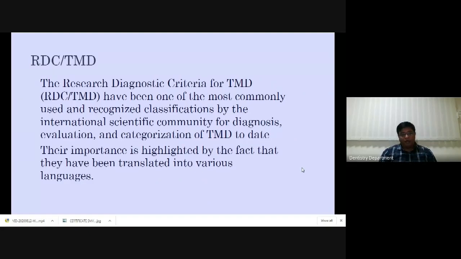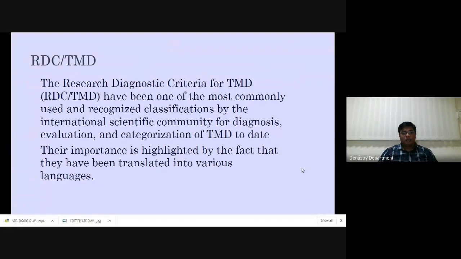Then the followers of this biopsychosocial model formed a committee and they sat and wrote an elaborate research diagnostic criteria for TMD that they used to call RDC. What is RDC?